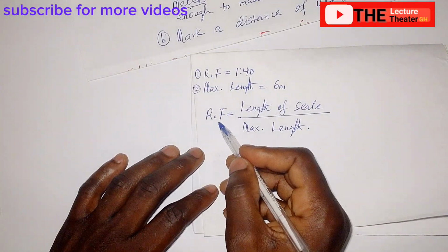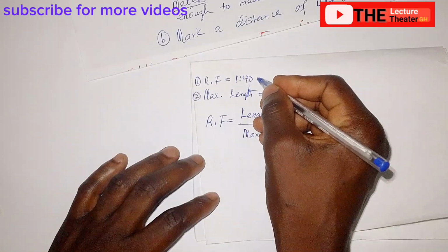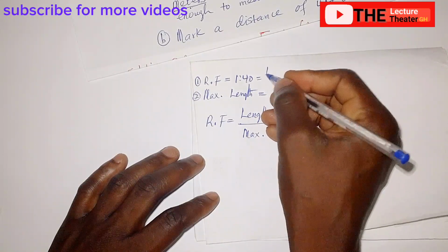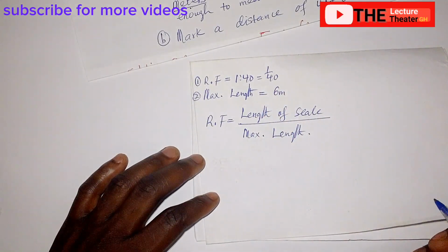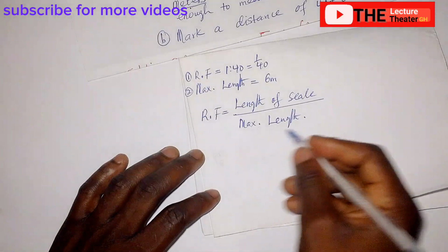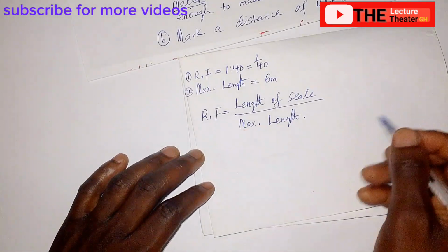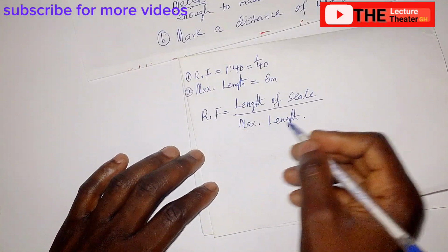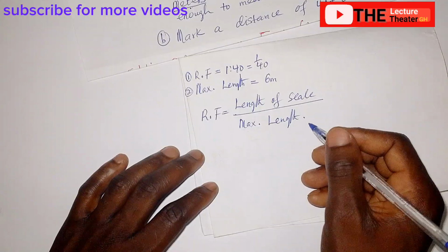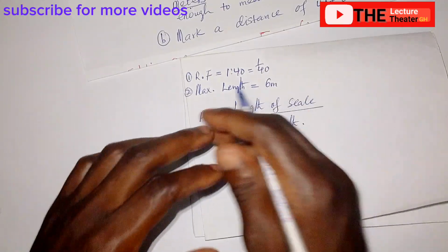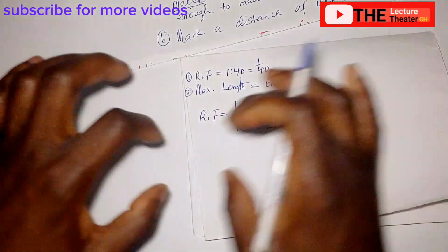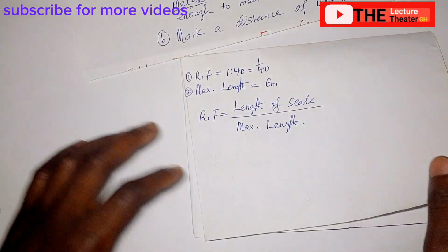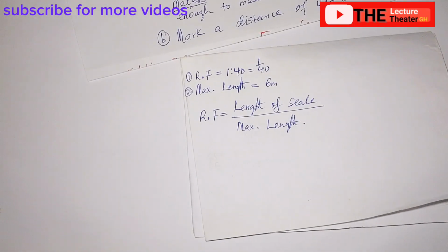Now we know our RF, which is 1:40 or 1/40. You can also express it as a fraction. We know our maximum length, which is 6 meters. We don't know our length of scale, the actual length of the scale we are about to draw. How long is the scale going to be? We need to find that.